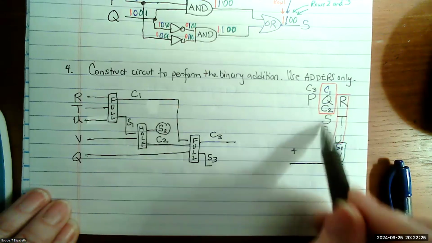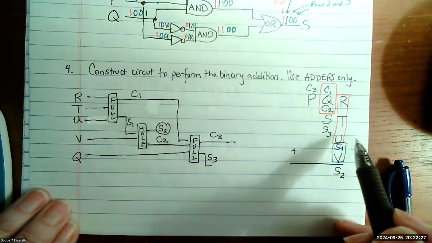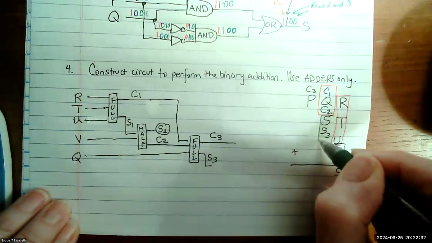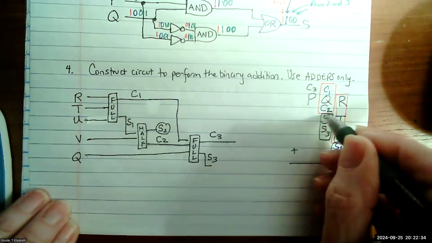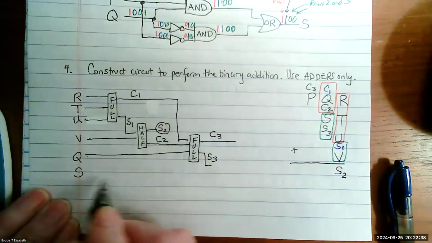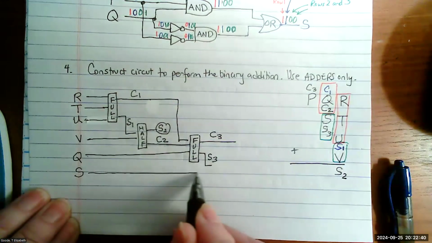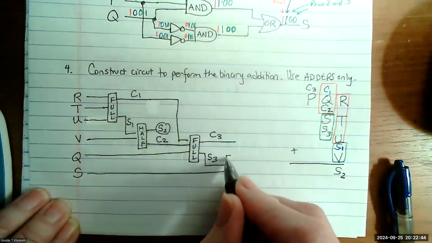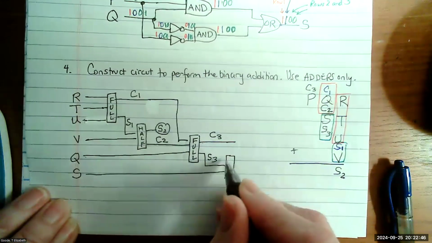Now, if there wasn't anything else in this column, we'd be done. It would be a final output, but there's still another digit in this 2's column, namely digit S. I probably should have used a different letter, but oh well. Here's S. It has to get added to the sum 3. And there are only 2 digits left in this column, so they can get added with a half adder.